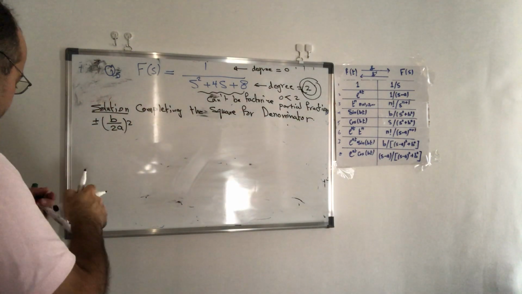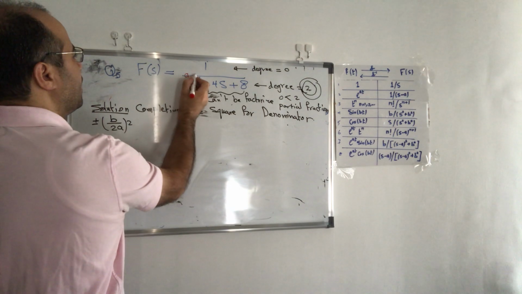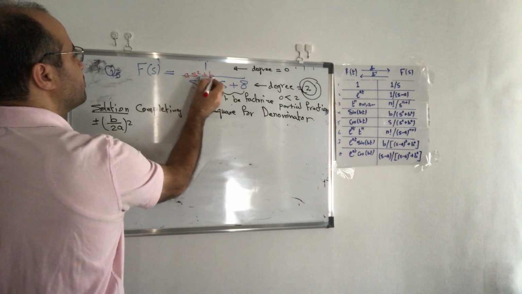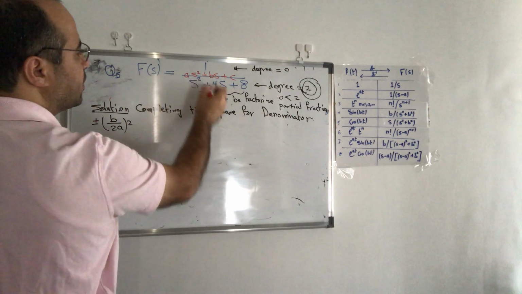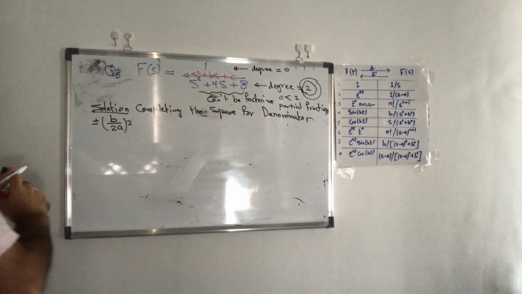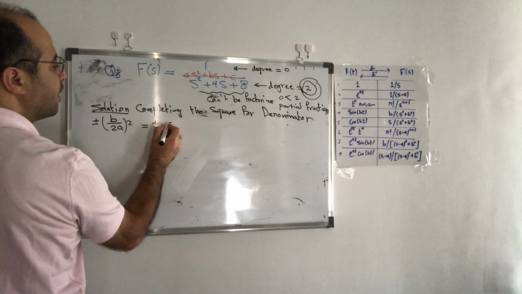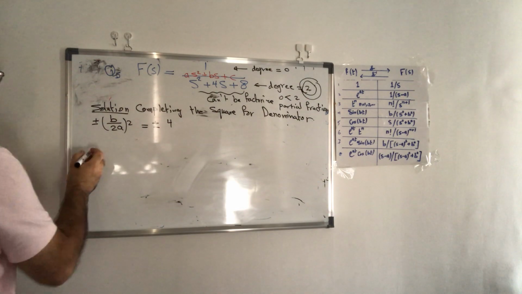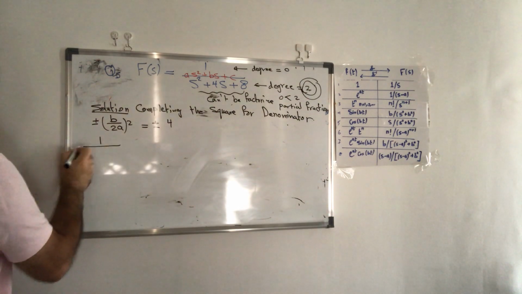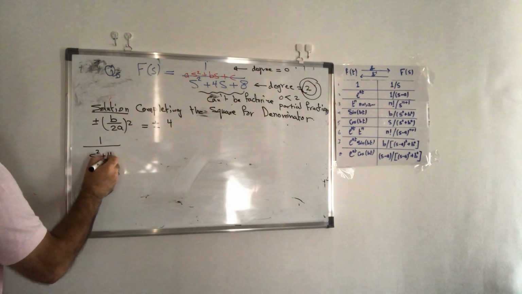If you write it as a s squared plus b s plus c, and you compare, what is your a, what is your b? Now let me go for that thing which is 1 over s squared plus 4s.